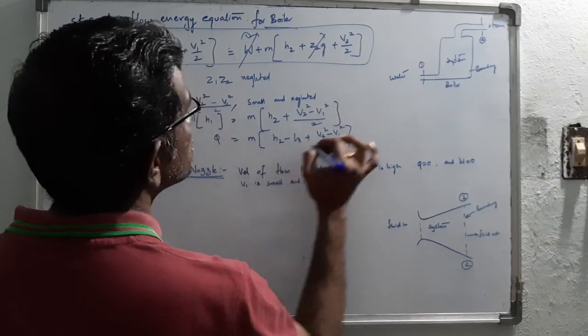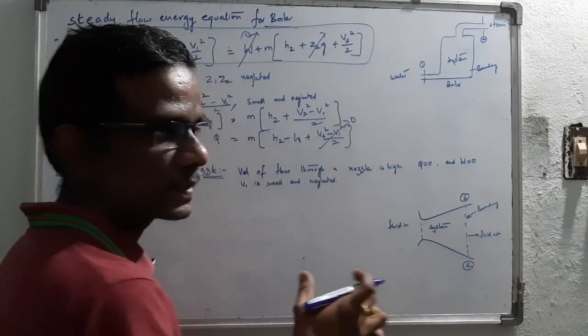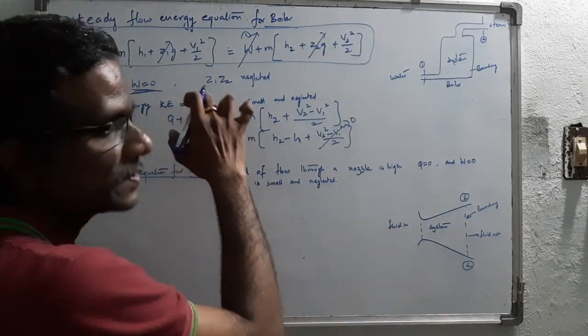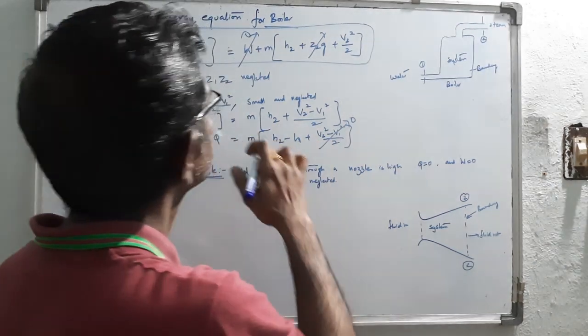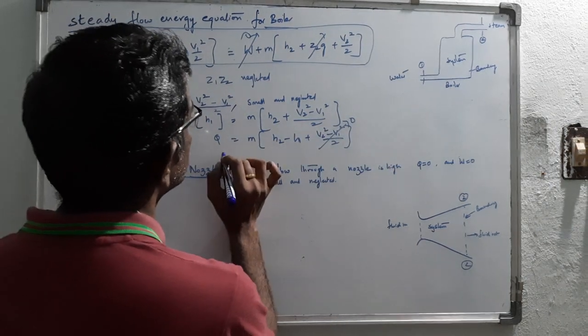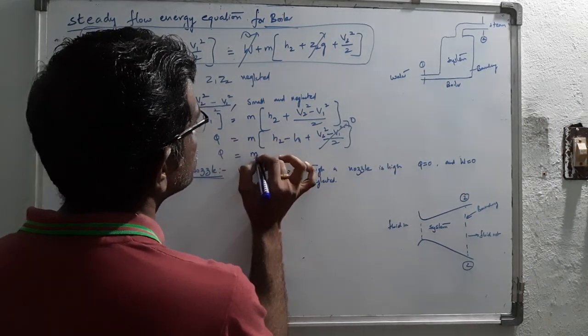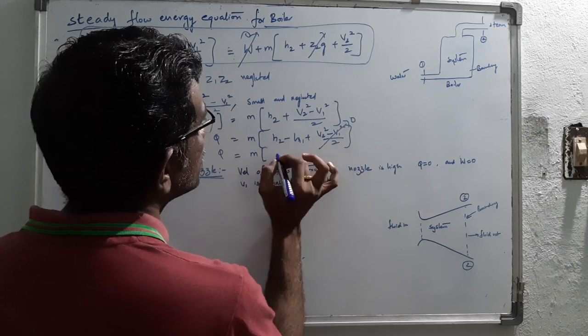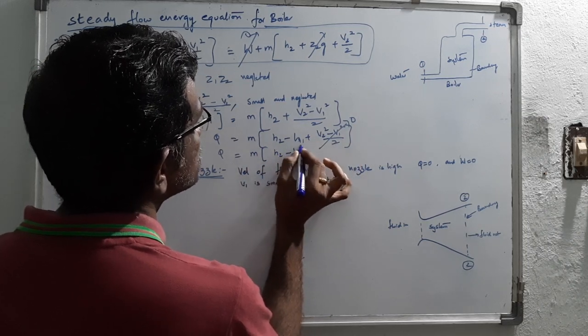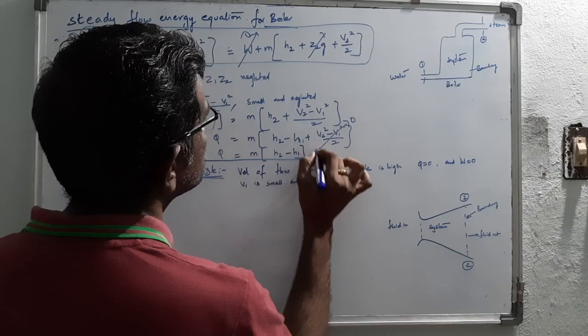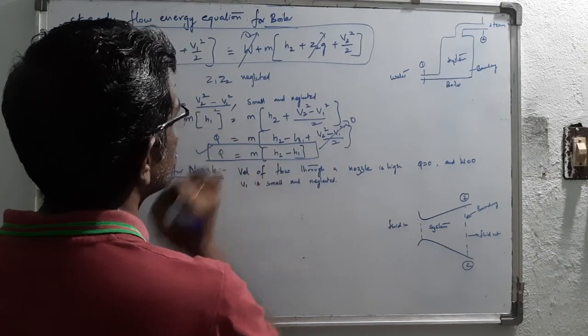This kinetic energy term is neglected as 0. So Q equals m into (h2 minus h1). This is your final equation for the boiler.